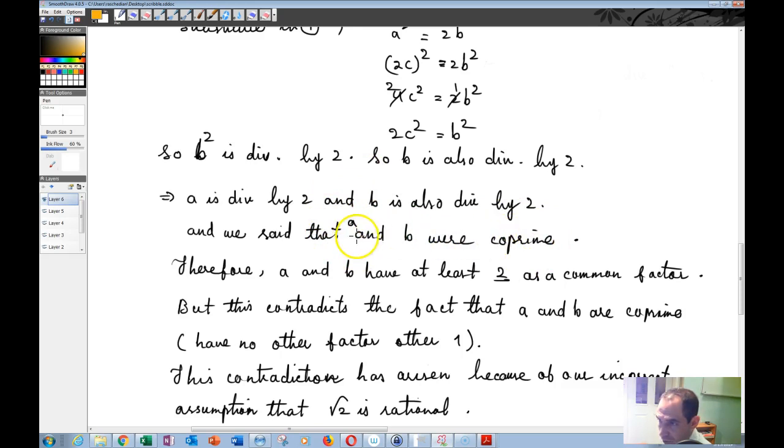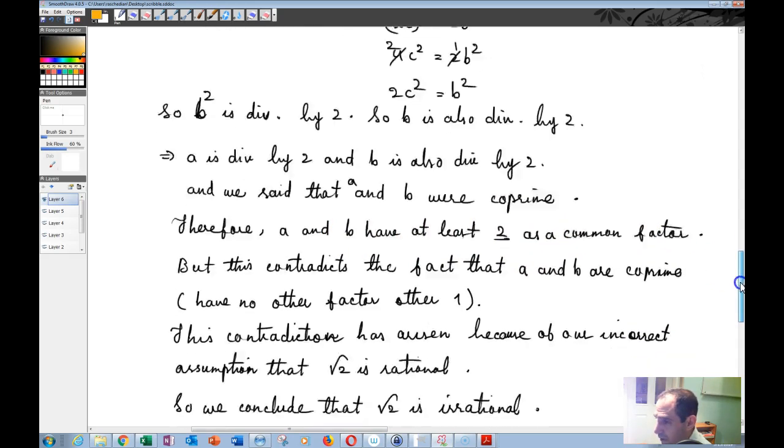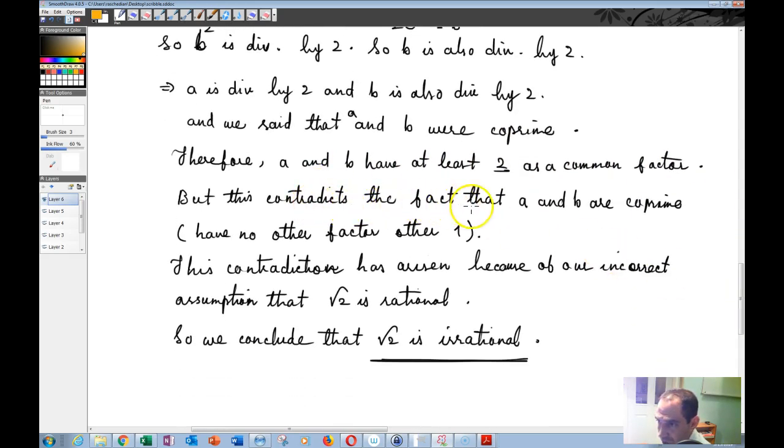If they are co-prime, they're not supposed to have any common factors other than 1. So what this actually means is that A and B have at least 2 as a common factor other than 1. And this contradicts the fact that A and B are co-prime.